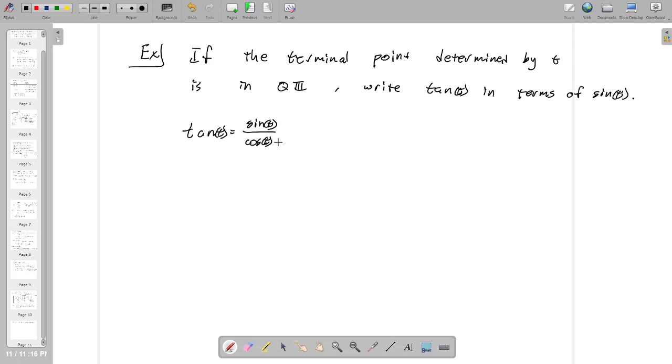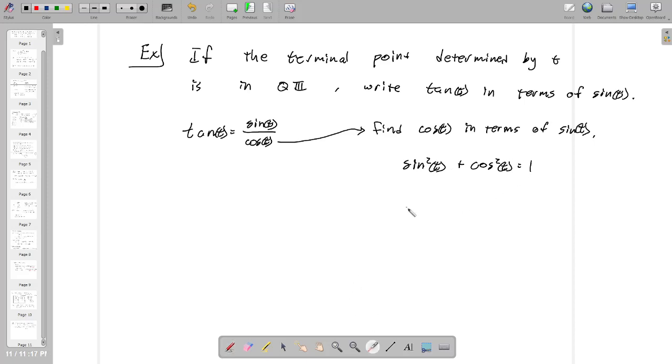So what I need to do is I need to write cosine in terms of sine. If we can do this, we'll substitute the corresponding terms of sine in place of cosine, and then we'll have our function done. Tangent will be in terms of only sine. So our relationship between sine and cosine is sine squared t plus cosine squared t is equal to 1.